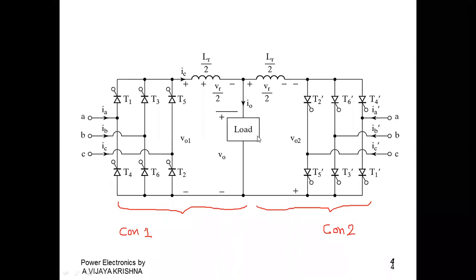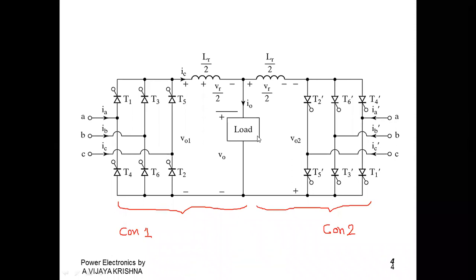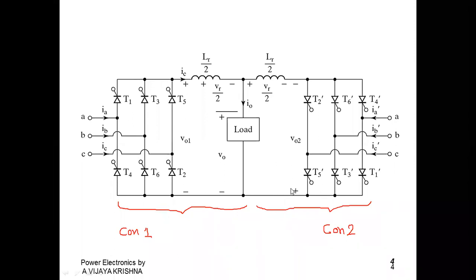In a non-circulating type of dual converter, we use full converters, which operate in the first and fourth quadrants. If you operate this converter 1 circuit, it operates in the first quadrant and fourth quadrant, as you can see in the four quadrant operation diagram.